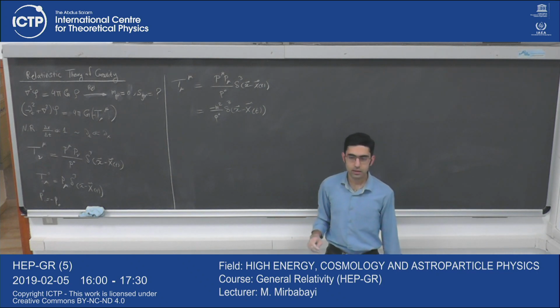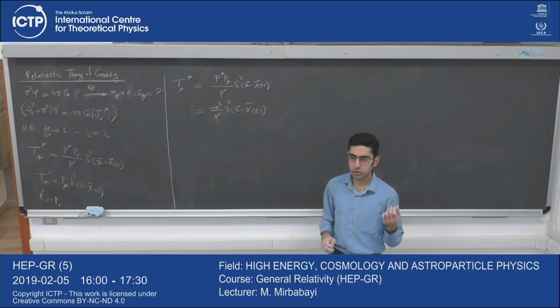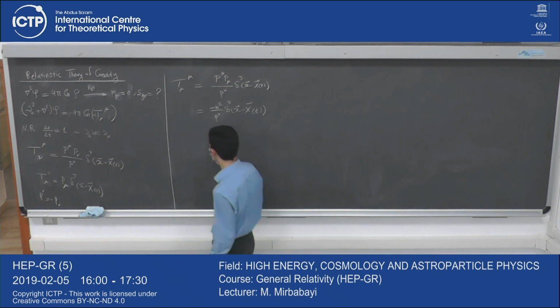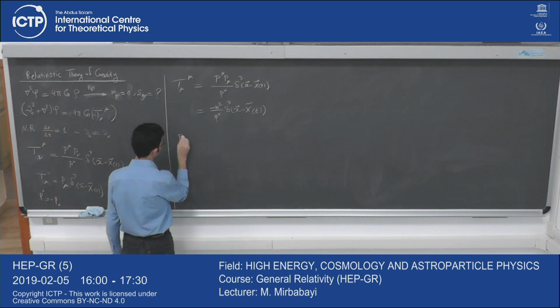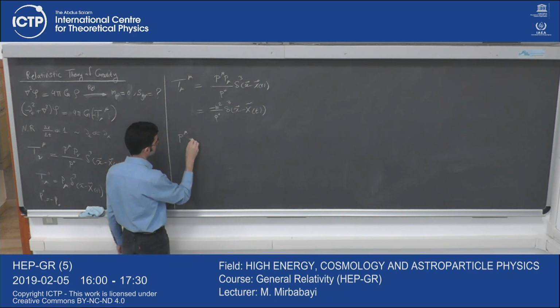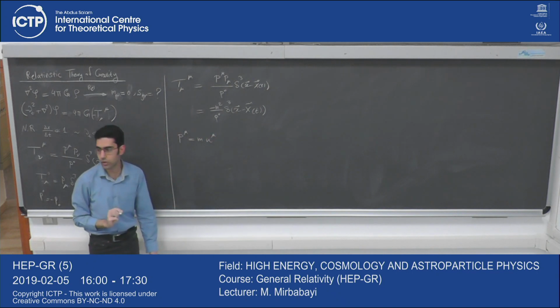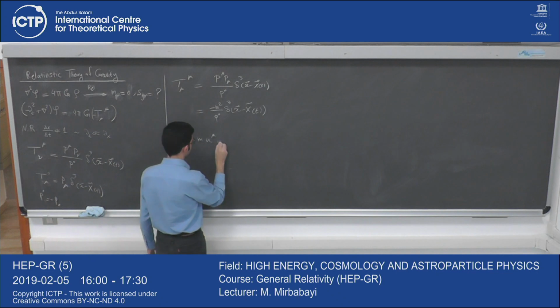However, if we have a non-relativistic system, P0, so let's remember what is P mu. P mu was m times u mu, where u mu was the four-velocity.